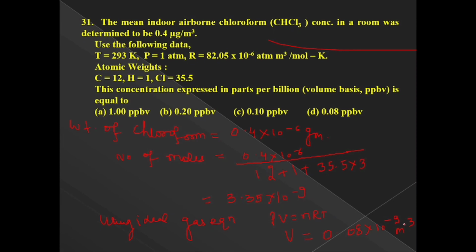Okay, now volume is calculated and the concentration of the CHCl3 is given. We have calculated. So volume of CHCl3, that is the chloroform, is equal to 0.08 into 10 to the power minus 9 in 1 meter cube.